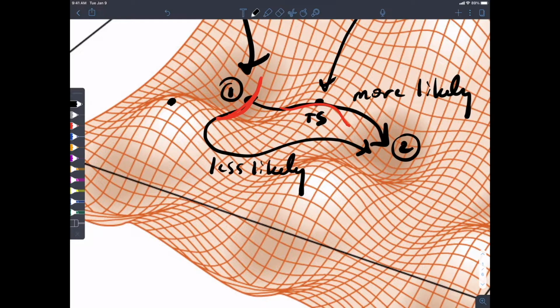Because at the peak, the second derivative is less than 0 in all possible directions, okay?